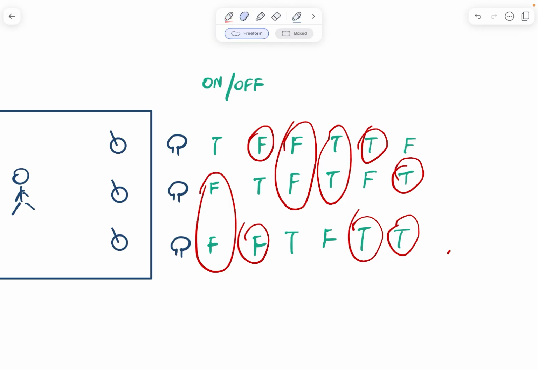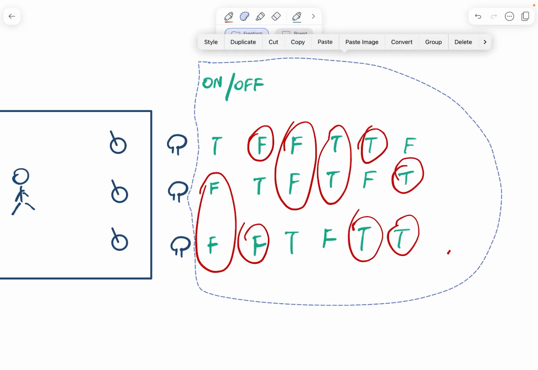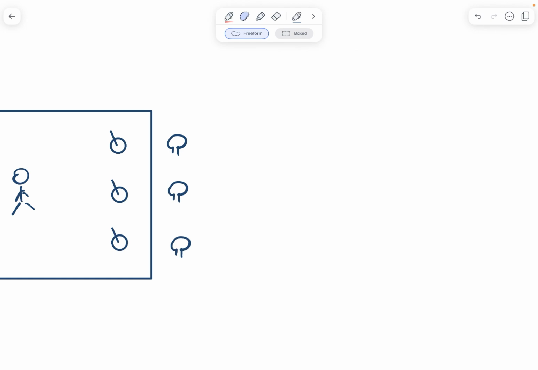So the key to solving this problem is: can you create another status other than on and off, right? Other status.